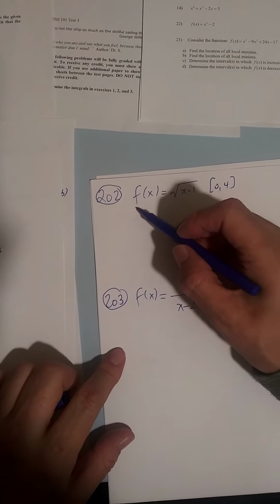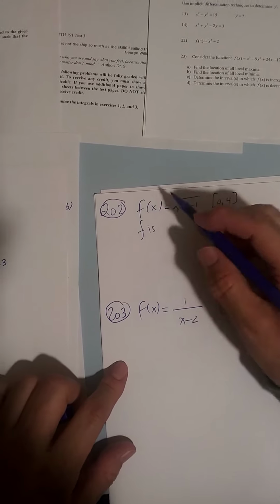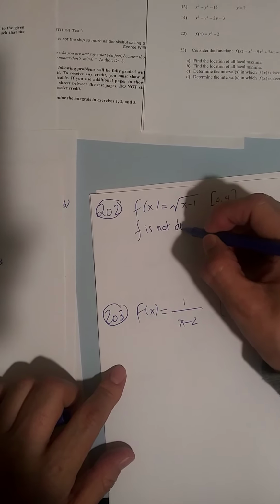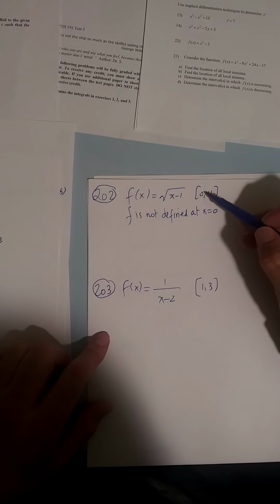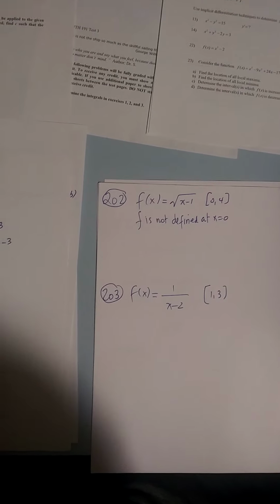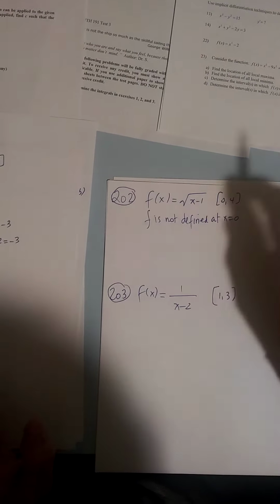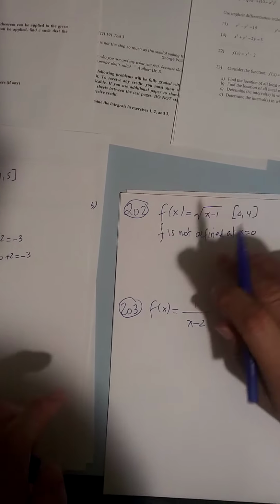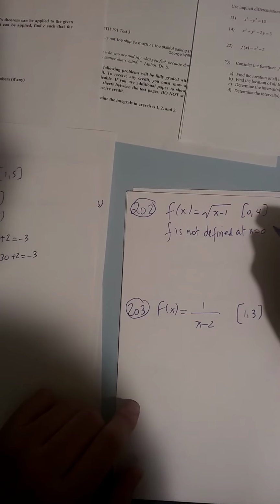Therefore, it's not continuous. F is not defined at x equals 0. You could also have tried a half or anything less than 1 and it still would not be defined. And if it's not defined, it means it's not continuous, so there's no need to check anything else. The theorem does not apply to this situation.